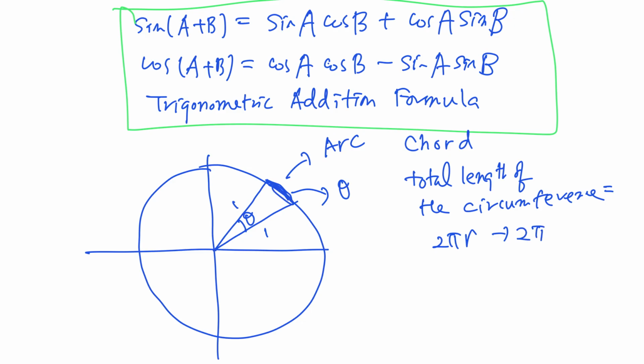So this arc length will be 2 pi times theta over 2 pi, right? What is the total angle? 2 pi, and this is theta. So the ratio of this angle is theta divided by 2 pi. And the total circumference length is 2 pi. So this length must be proportional to this angle. So theta, right?